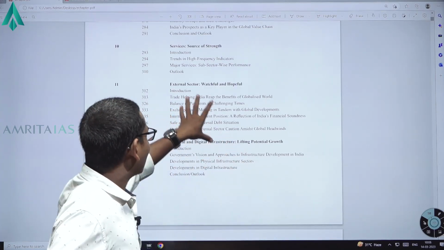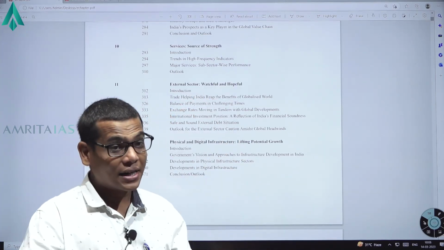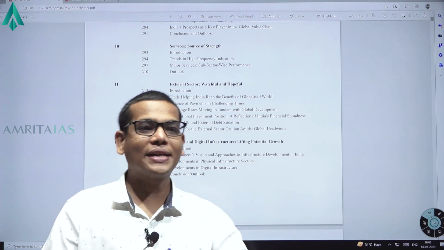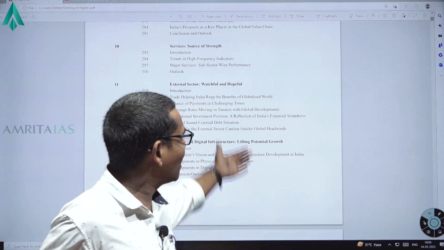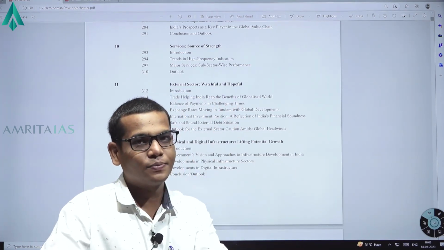That analysis has been given in this. And the exchange rate movement and how the exchange rate is impacting all the parameters that I have mentioned.